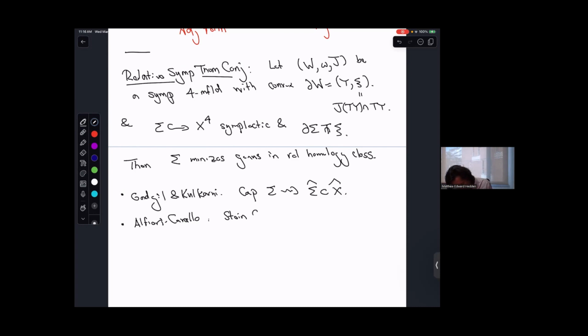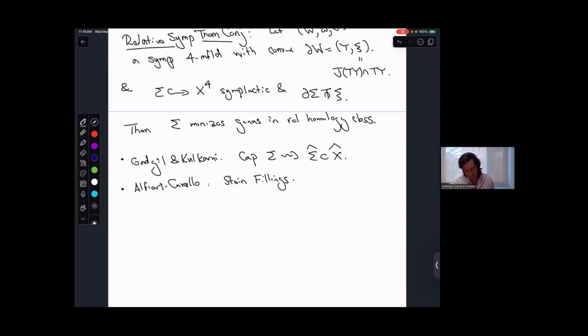It works for Stein fillings, and it draws on some very beautiful work of Kyle Hedden that gives you a topological interpretation of knots in contact three manifolds that are filled by a Stein manifold in terms of notions of positivity in the braid group.